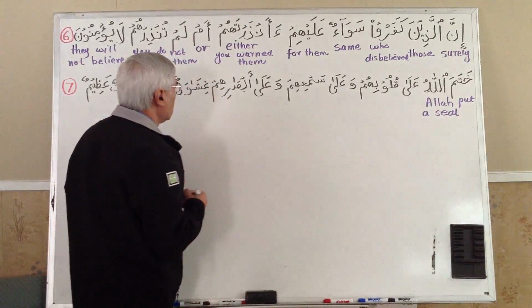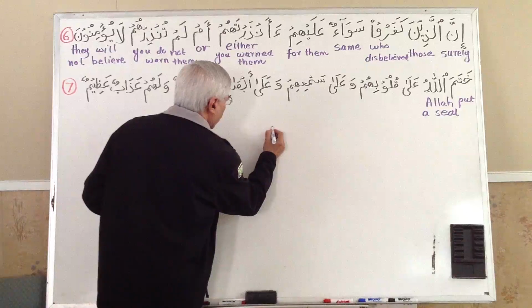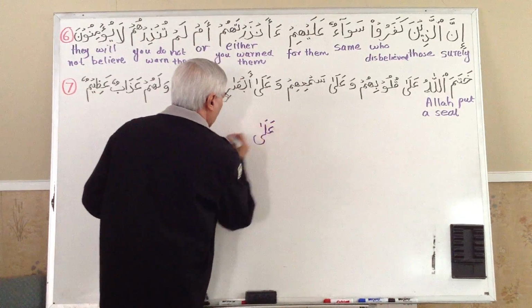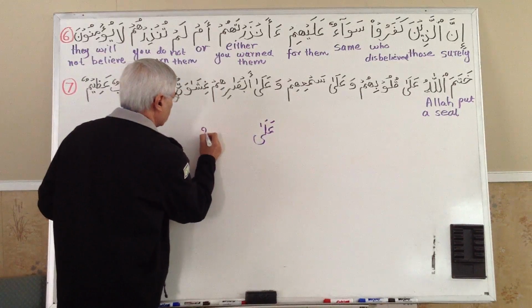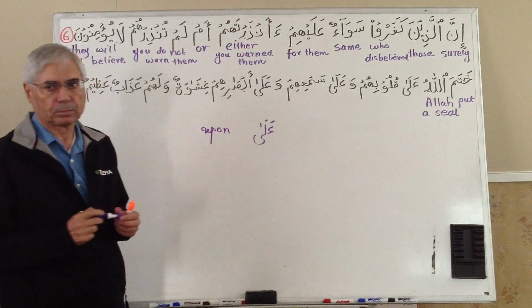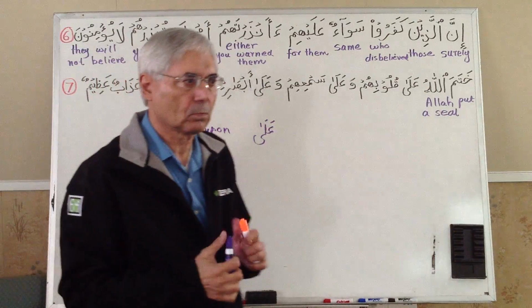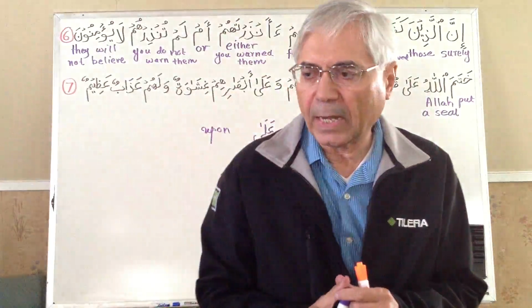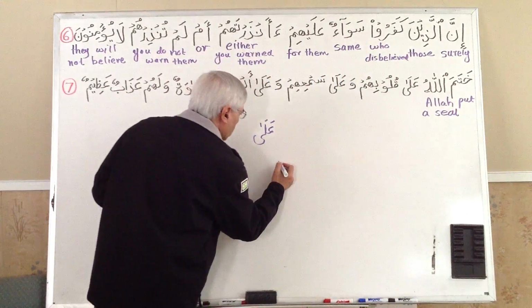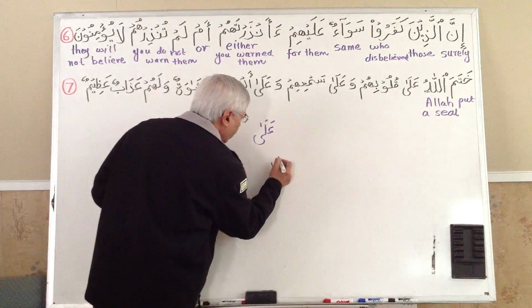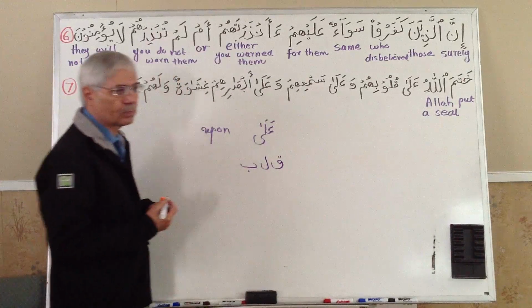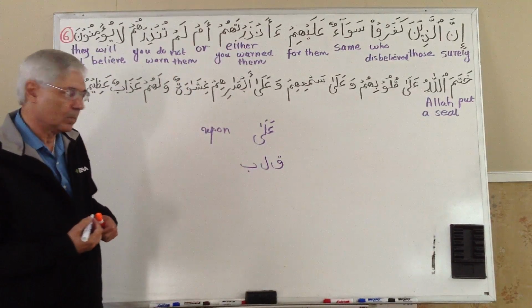Now, one of the words which is constantly being repeated is ala. Ala means upon. Then the word after that is Qaf, Lam, and Ba. Qalaba.